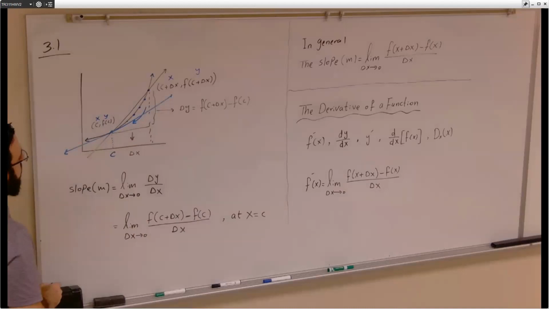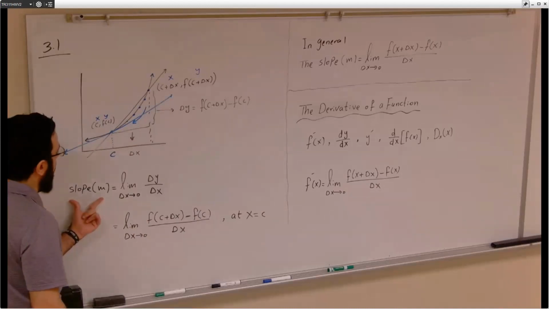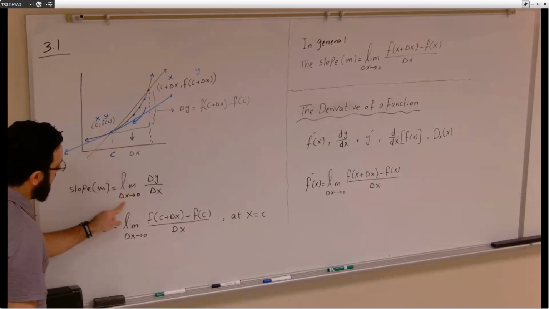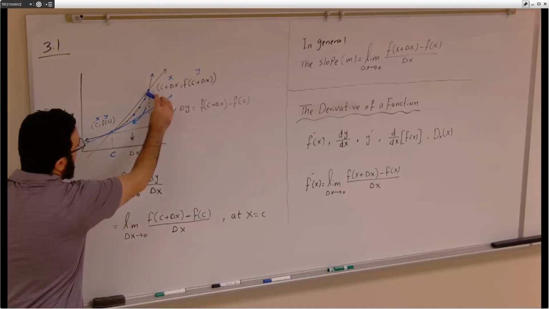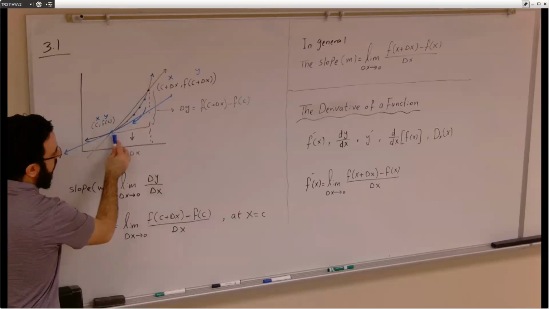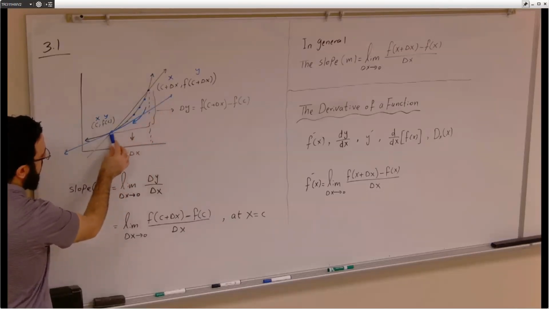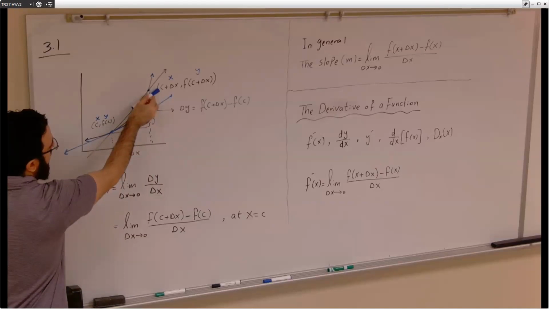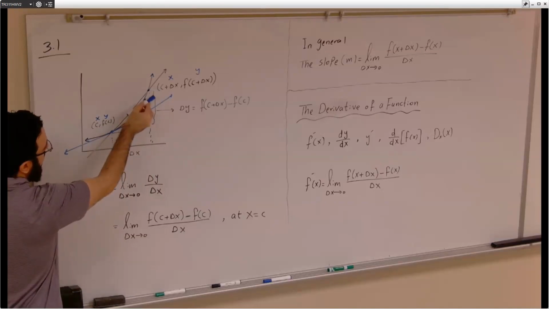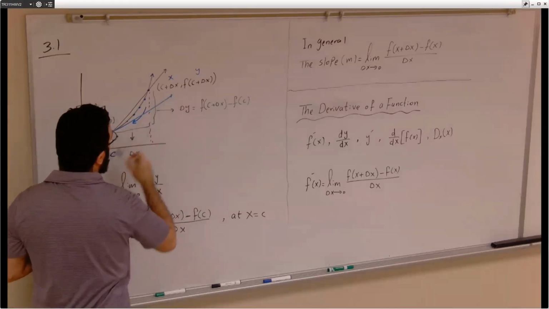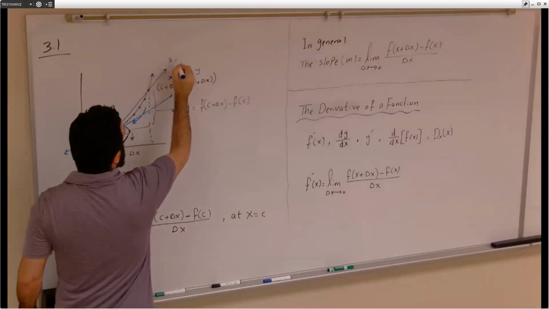So in this case, the slope of the tangent line is going to be the limit when delta x approaches 0, because c minus c is 0. That means here's the first secant line, and we keep going until this secant line is exactly like the tangent line. Here is our tangent line, and this one is the secant line.